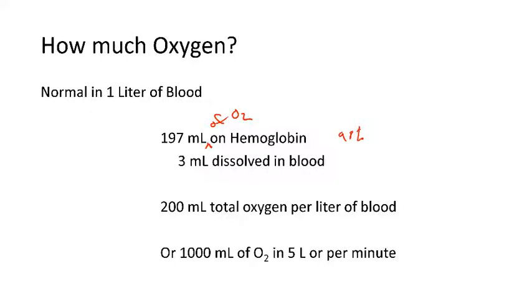And if there are 200 milliliters total oxygen, and this is at 100 millimeters of mercury as our pressure of oxygen, if that's 1 liter and normal blood volume is 5 liters, I have 1,000 milliliters of oxygen in the body. Or since it's 5 liters per minute traveling through the body, I'm delivering 1,000 milliliters of oxygen every minute to your body tissues, but we're not using it all.